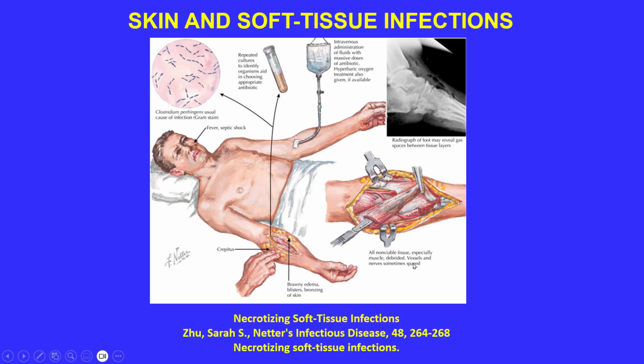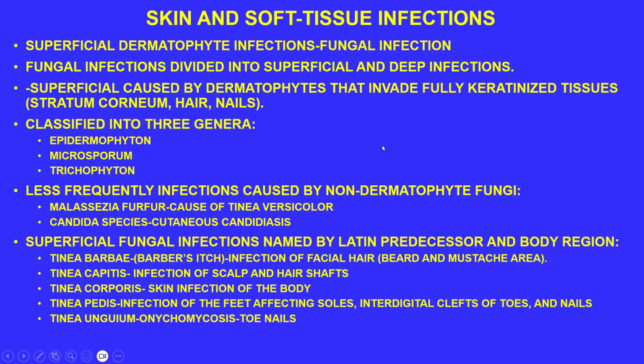Vessels and nerves are sometimes saved. And it's an interesting thing. If you see those little dark circles right there, that's a radiograph of a foot. And it's revealing gas spaces between tissue layers. Okay, so they're bubbles caused by the bacteria. Okay, wow.